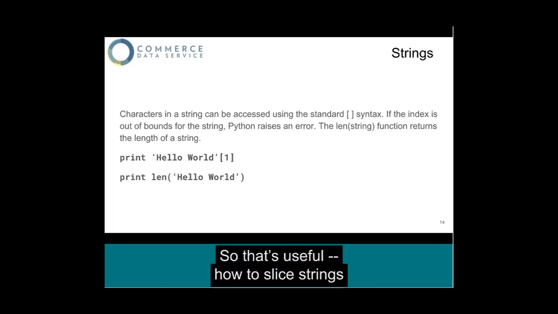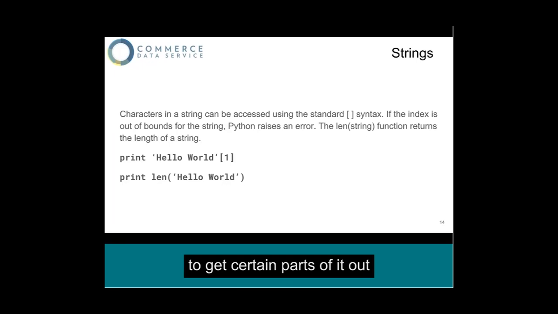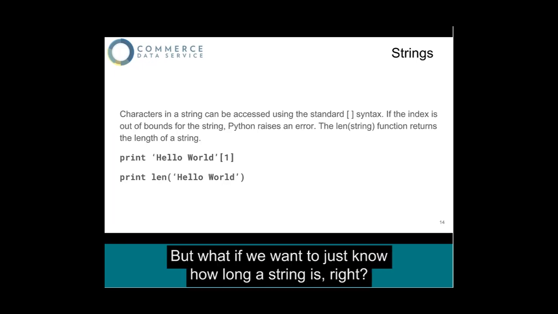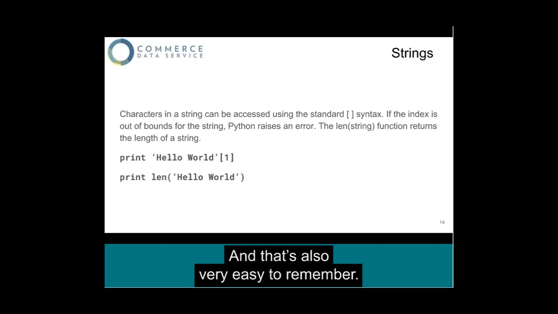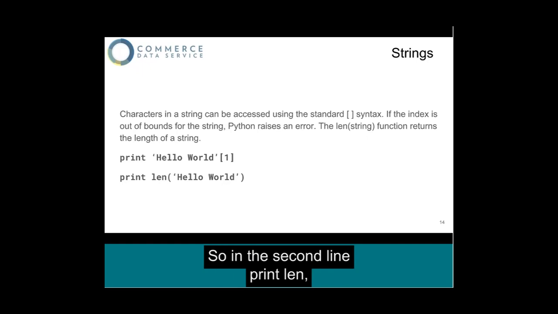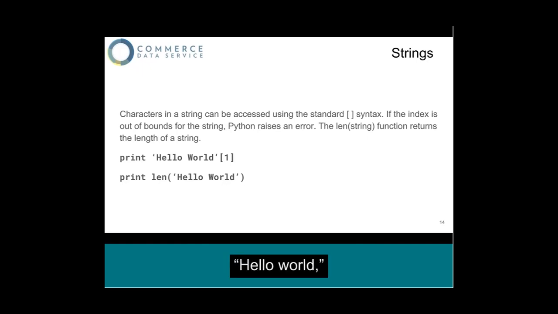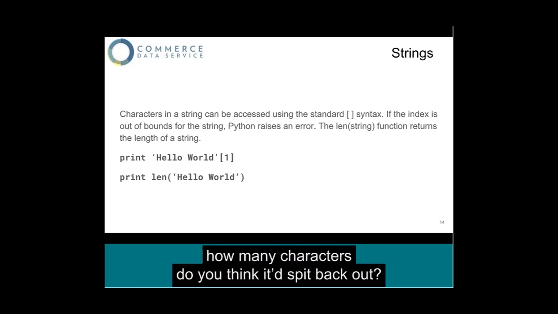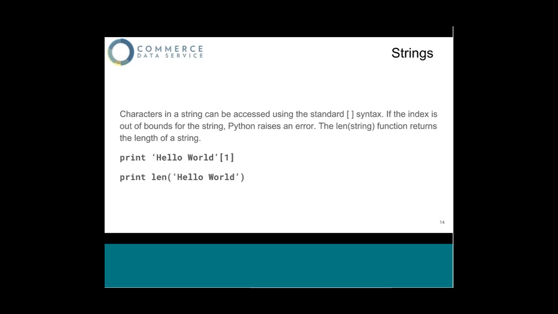So that's useful, how to slice strings to get certain parts of them out for you to use. But what if we want to just know how long a string is? That's also very easy to remember. The len function gives you back how many characters are in that string. In the second line, print len hello world, how many characters do you think it spits back out? 11.